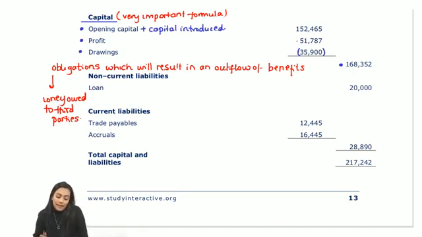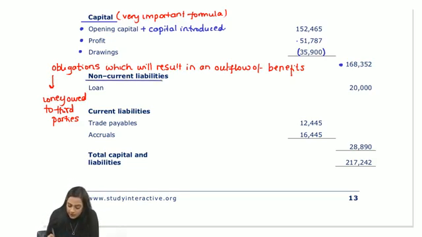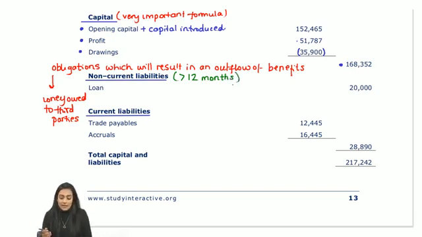And once again, liabilities are split into two categories. You can have a non-current liability or a current liability. A non-current liability is one which you'll have to pay back in more than 12 months' time, whereas a current liability is one that you have to pay back within 12 months. Okay?